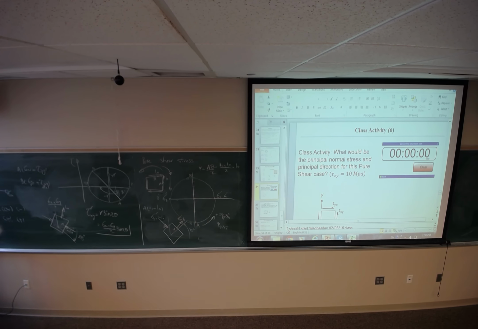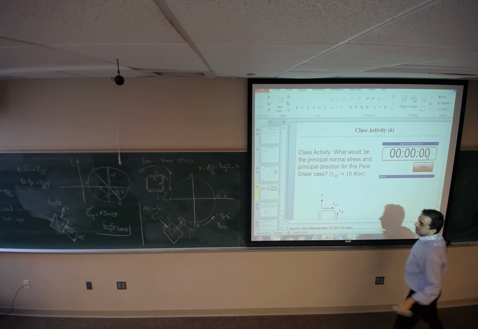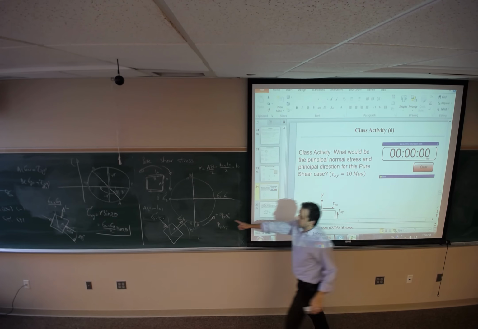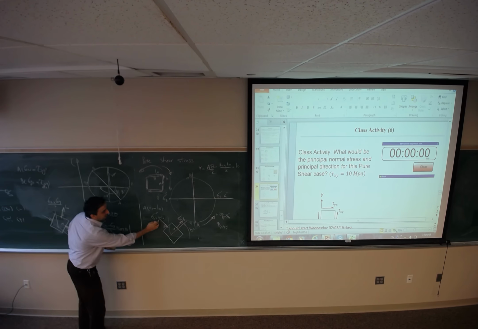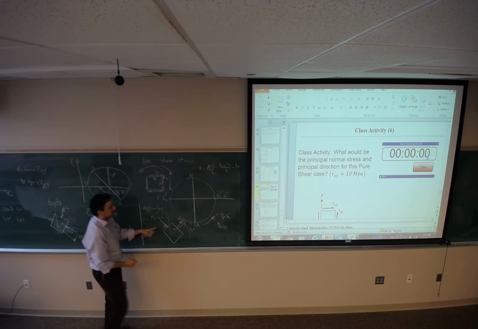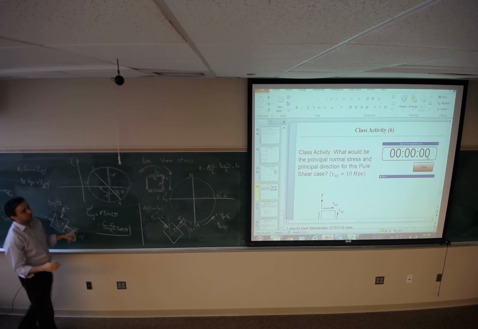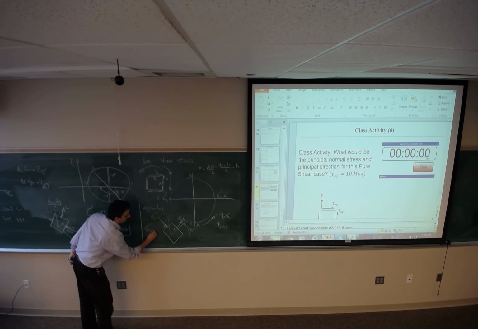All right, before we move to the 3D Mohr circle, let me practice what we learned in Thursday's class. The principal normal stress is +10, the other one is -10, and the third principal normal stress is 0, as always.